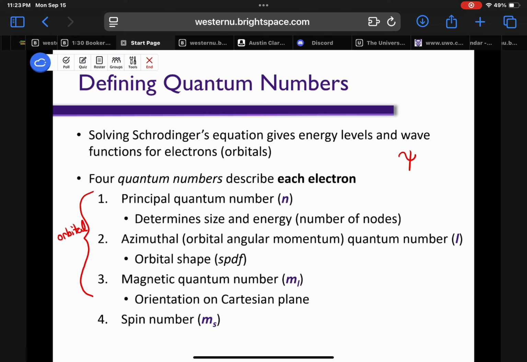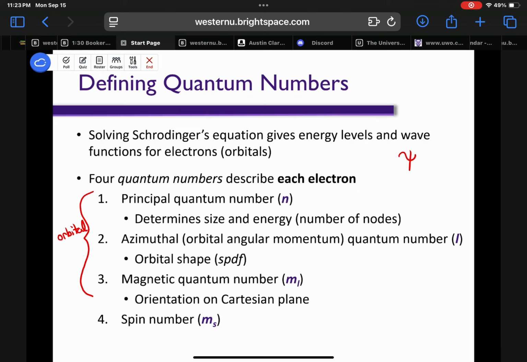The wave function shows up in Schrödinger's equation. When we solve Schrödinger's equation, we get quantum numbers. The first 3 give us information about the orbital. When we square the wave function, we get the probability of where this electron could be found. Each electron in a molecule or in an atom is going to have its own unique 4 quantum numbers.